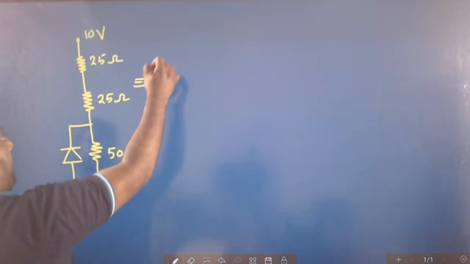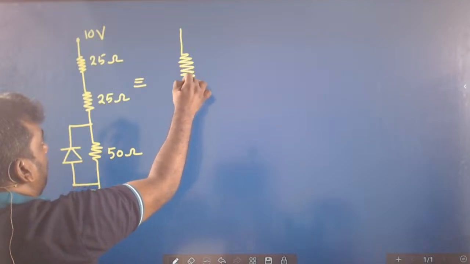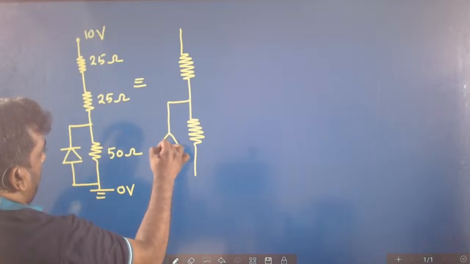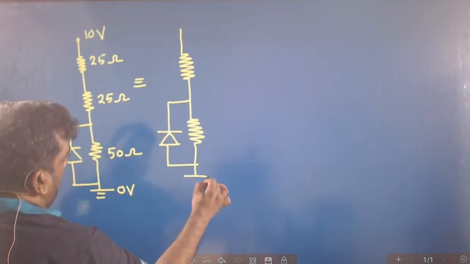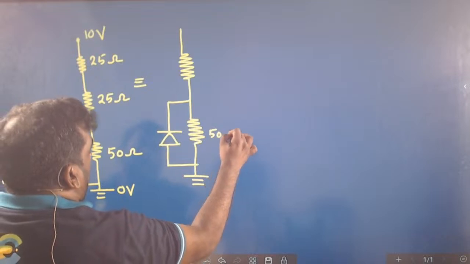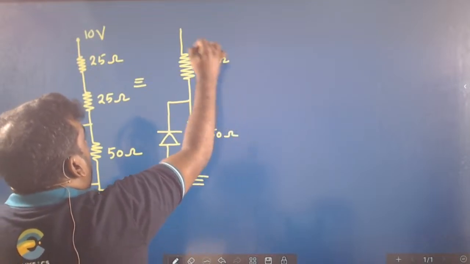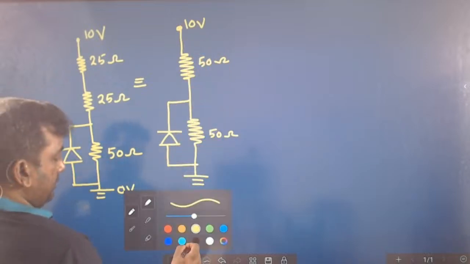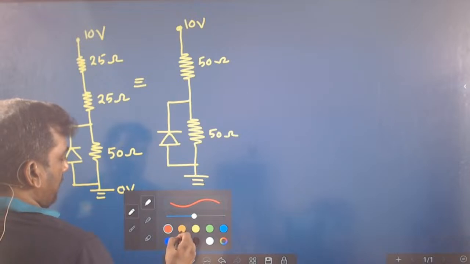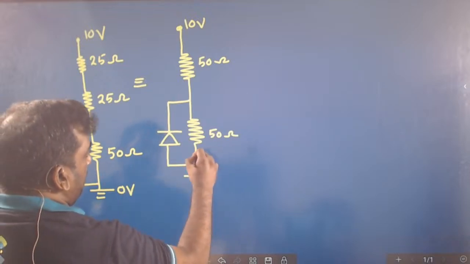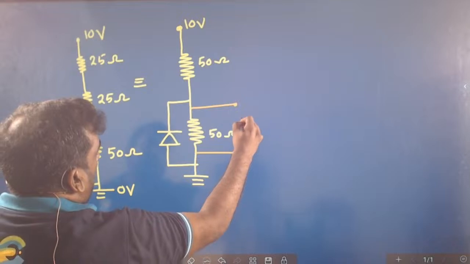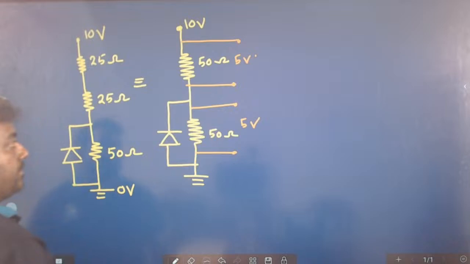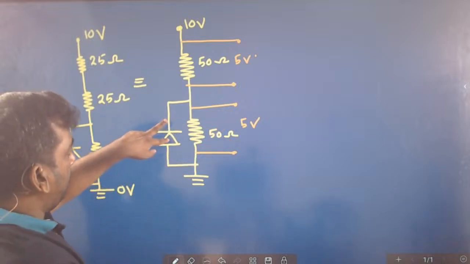This you can simplify. Fifty ohm, 10 volt, equal resistance. Voltage will be 5 volt. 5 volt here means 5 volt there.